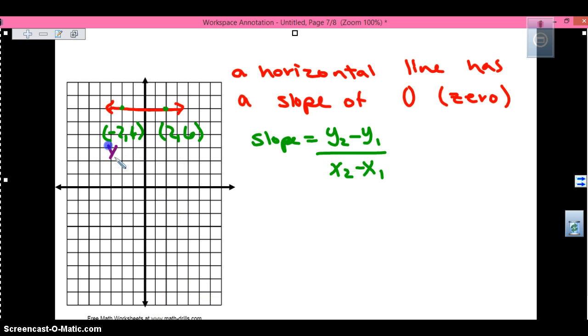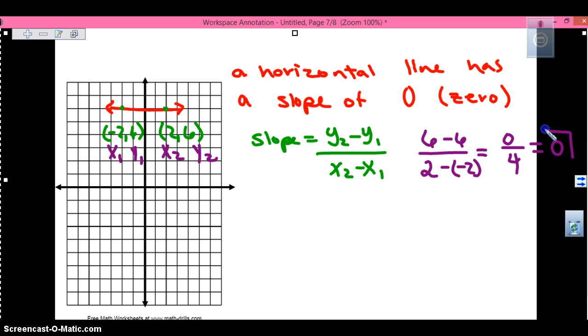If this is our x sub 1, y sub 1, and x sub 2, y sub 2, this means 6 minus 6 over 2 minus -2. This is equal to 0/4. 0 divided by any number is equal to 0. And we can see that a horizontal line always has a slope of 0.